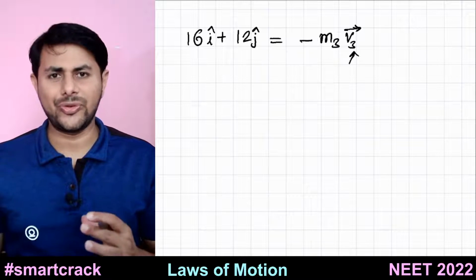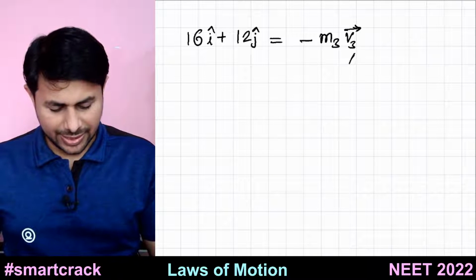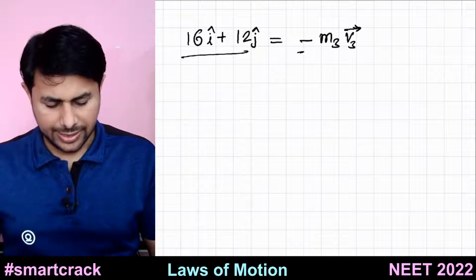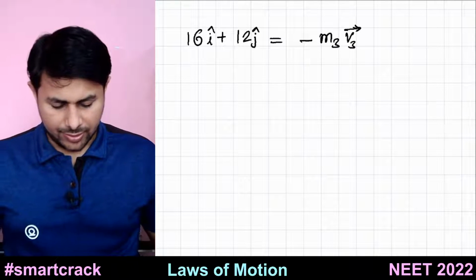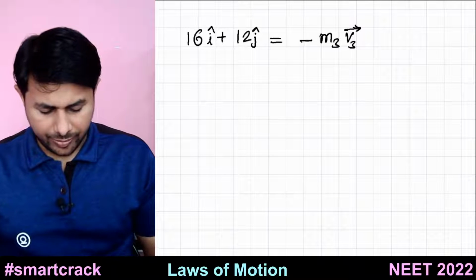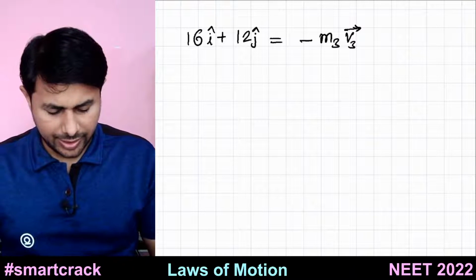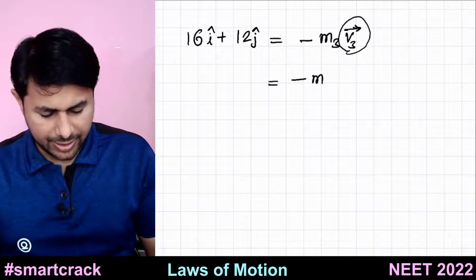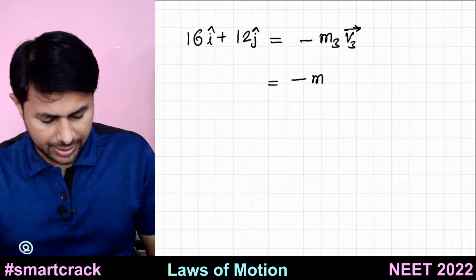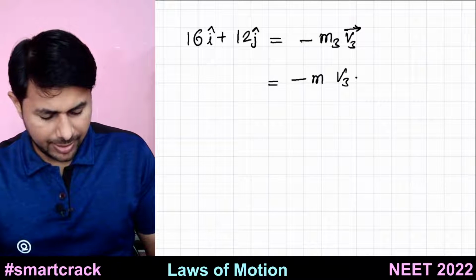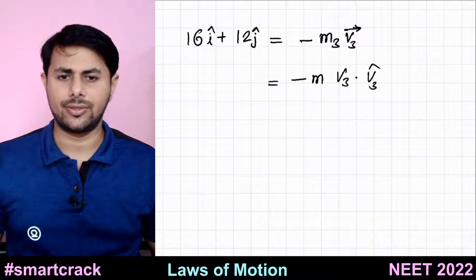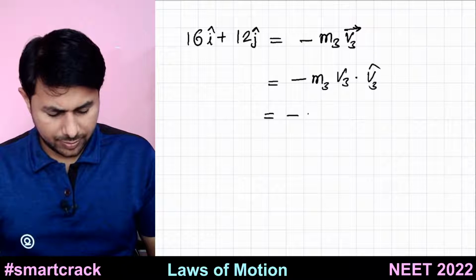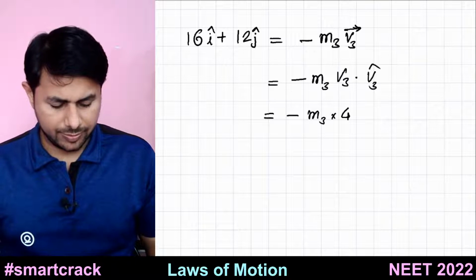What should be the direction? It should be the same as that of the resultant of these two, actually opposite, because we have the negative sign. So we have to find m3. v3 can be written as its magnitude multiplied by a unit vector in the same direction. The magnitude is 4.